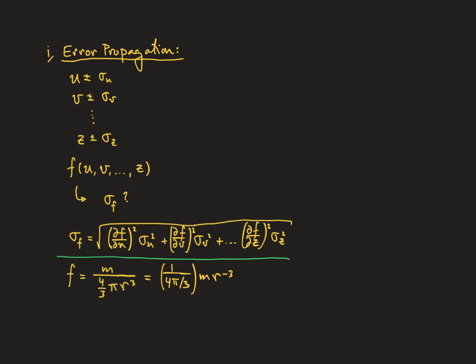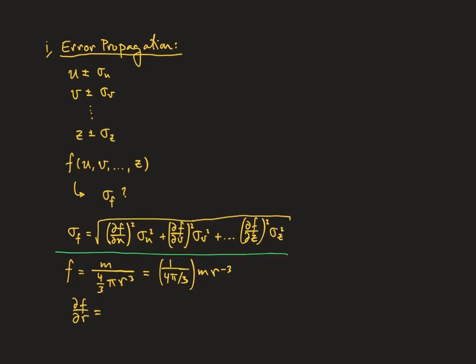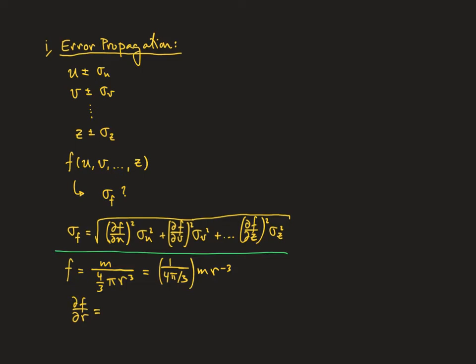The partial of f with respect to r is equal to, so we're just going to take the derivative here with respect to r, leaving m fixed. That's what it means to do a partial derivative. So we're going to pull down the exponent of 3 there. We get minus 9 r to the minus 4 m divided by 4 pi.